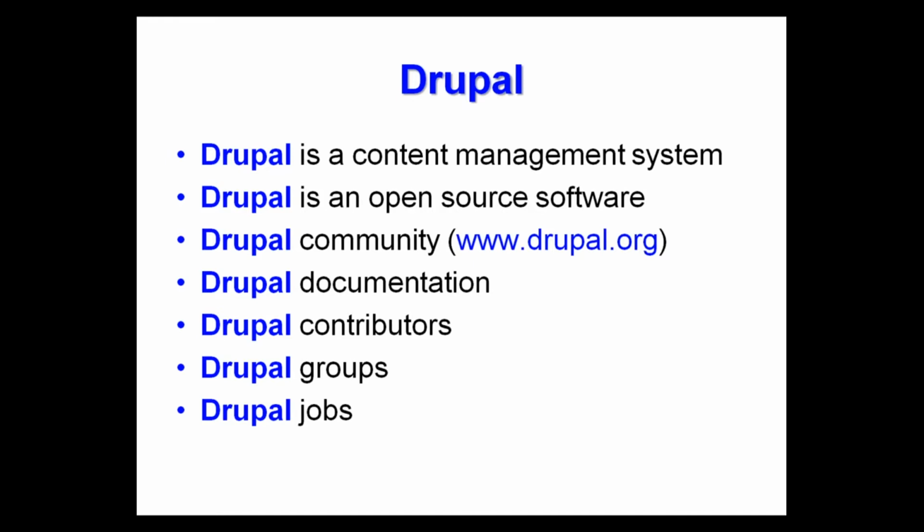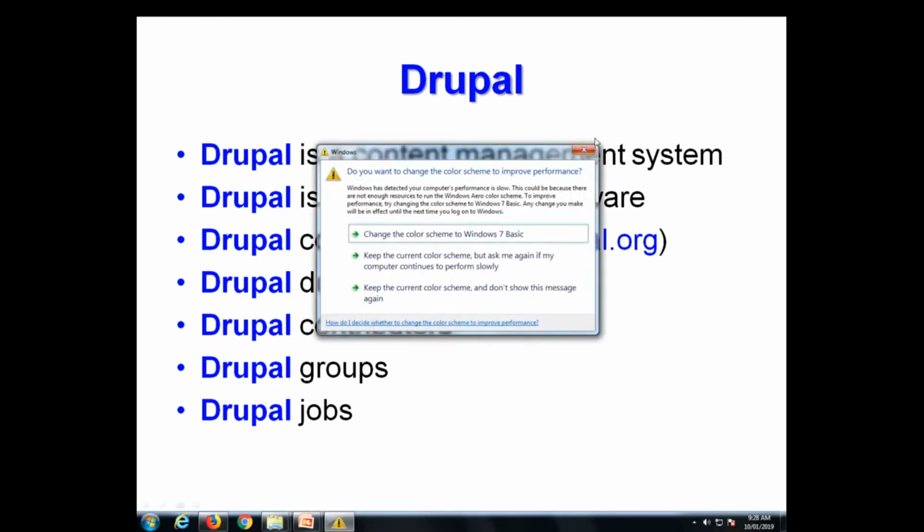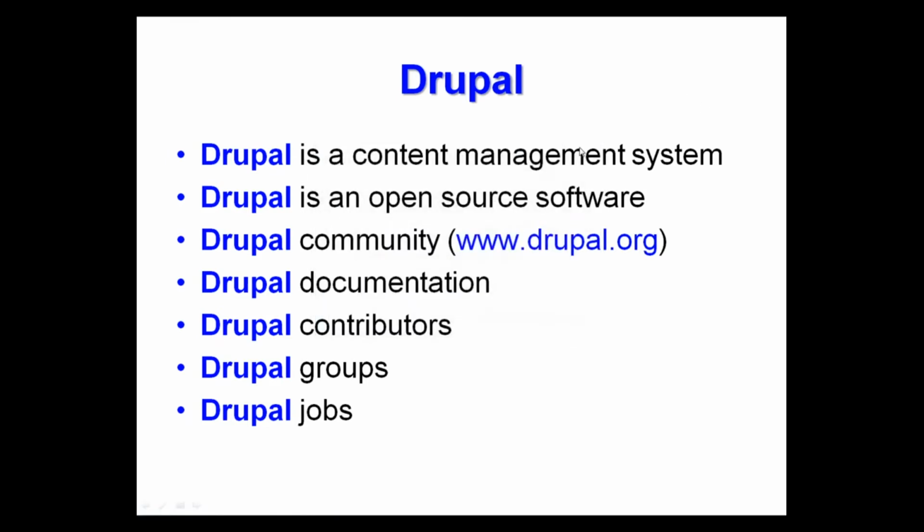Every single piece of information you need about Drupal, you can actually get from this website, even though other bloggers or writers will also put information about Drupal on their own websites. But basically, Drupal.org is the mother website for all developers who use Drupal.